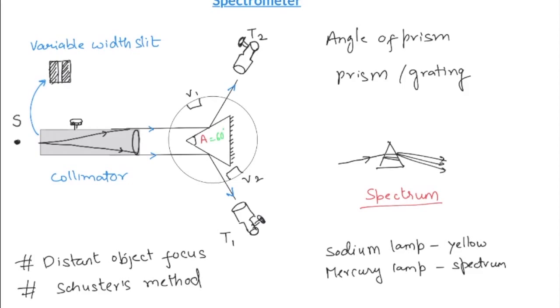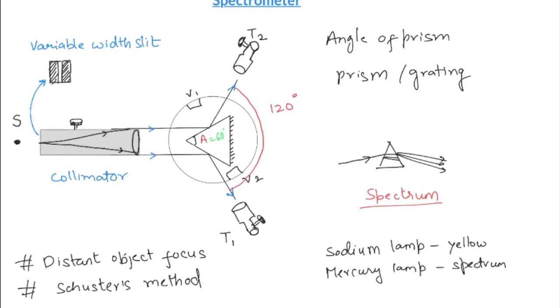So if we measure T1 and T2 positions, then the difference between the two positions will give us 120 degrees. But we cannot always be sure that the prism, even if it looks equilateral, is 60 degrees only. So the starting step for doing the prism experiment is the measurement of the angle of prism.